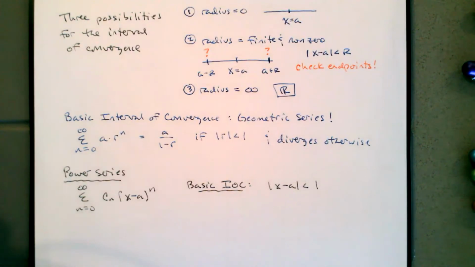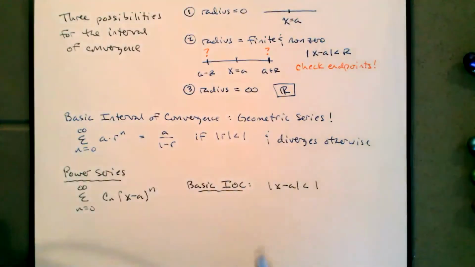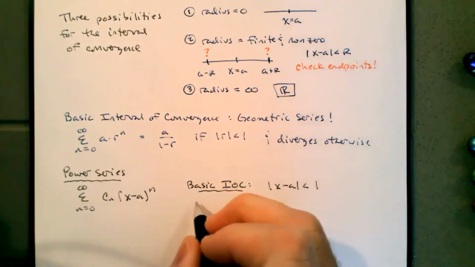Your base interval of convergence is the absolute value of x minus a less than 1. That's everything within 1 unit of a. Then we look at Cn to see if Cn has anything to change.